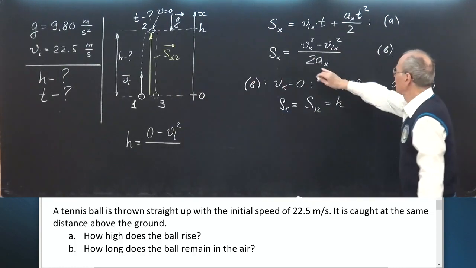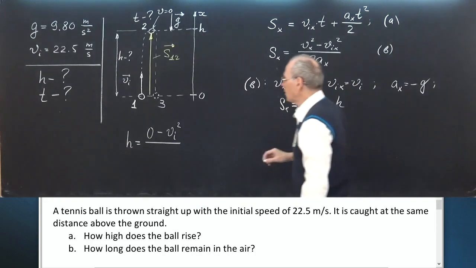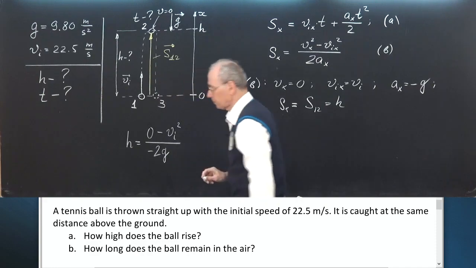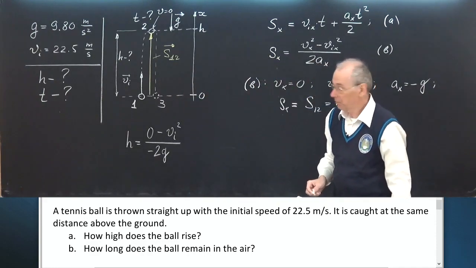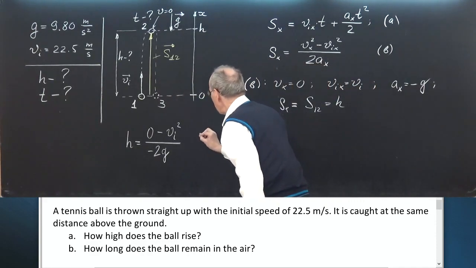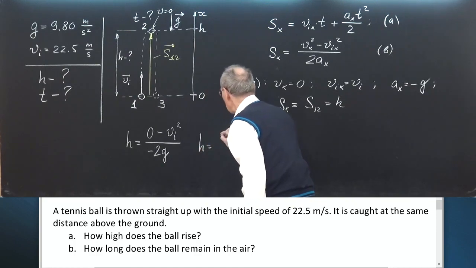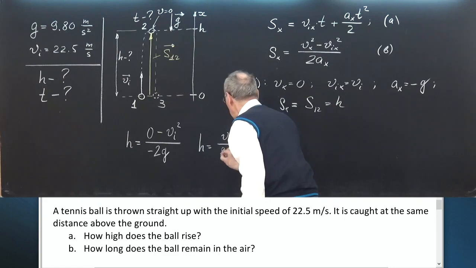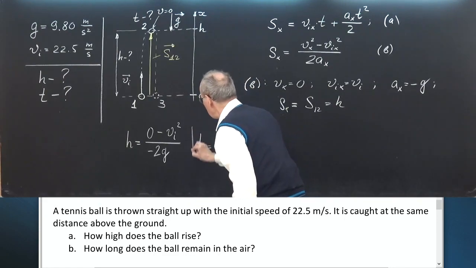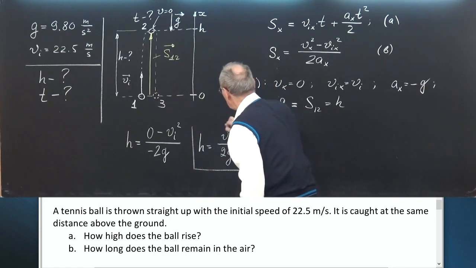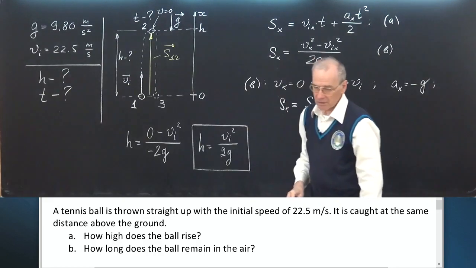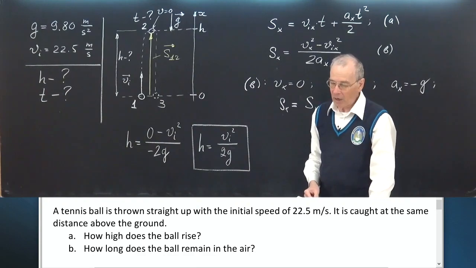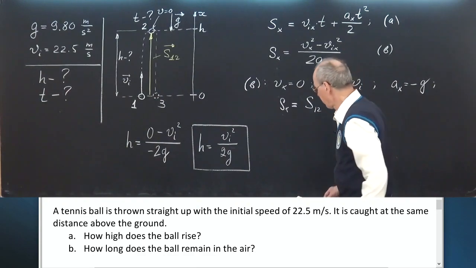And instead of 2ax, we write minus 2g. And finally, we can write h equals V initial squared over 2g. This is the answer to the question, how high does the ball rise?